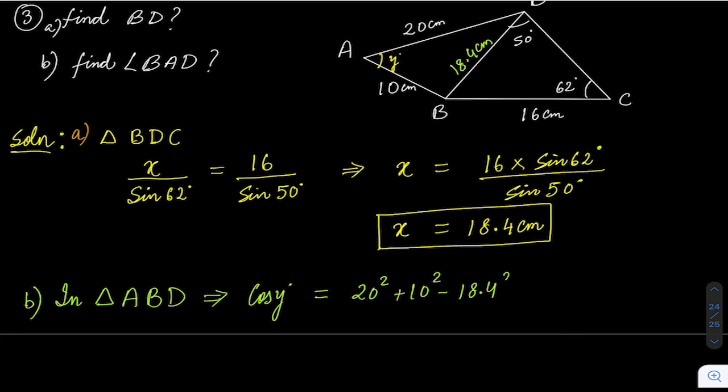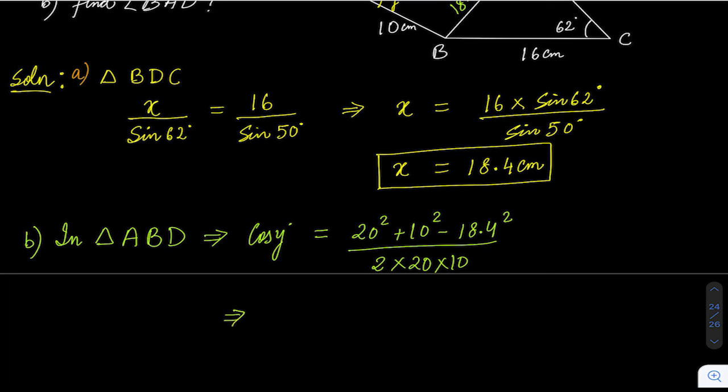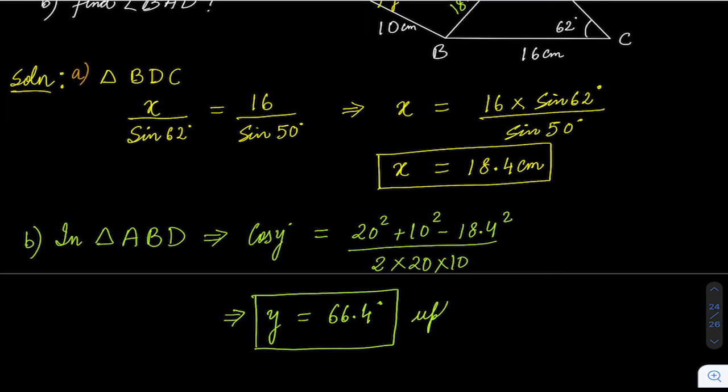So 18.4 squared divided by, now this is easy, 2 times the first two, 20 times 10. So let's calculate this using our calculator. So we will get y as 66.4 degrees up to 3 significant figures. So this is our answer for this question.